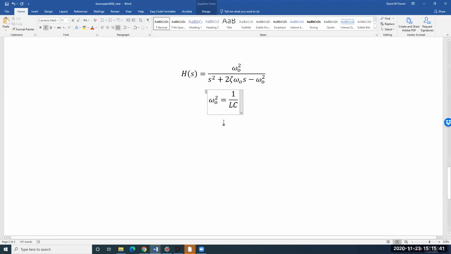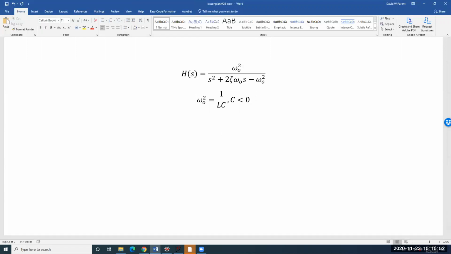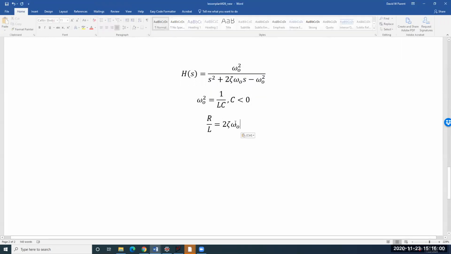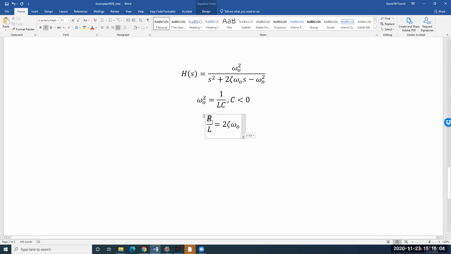If I made C less than 0, then I can still make that positive. But if I made R negative, then that would be negative. I could have two negative things there, right?